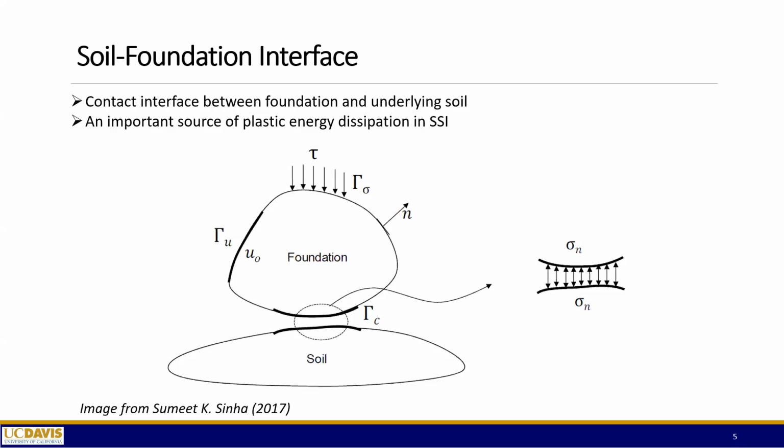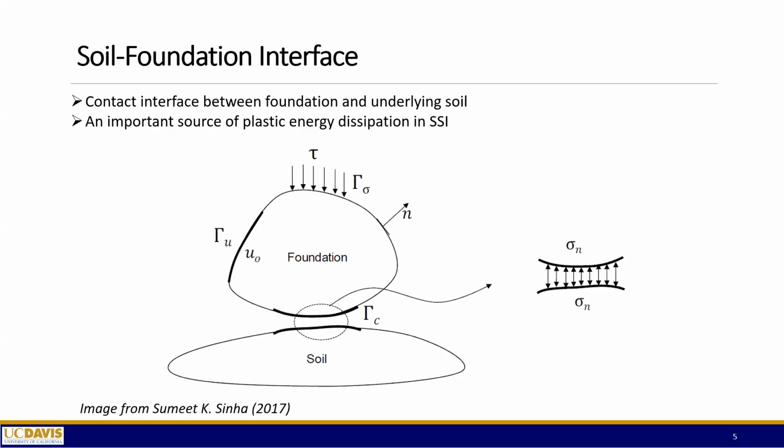In terms of the implication of this element towards energy dissipation, in a soil structure interaction system, the soil-foundation interface is a very important source of plastic energy dissipation. The main reason is that when a soil structure system is loaded, especially with seismic loading, there are a lot of cycles going back and forth. So as you can imagine, there's potentially a lot of gap opening and closing, which creates a lot of potential for energy dissipation.